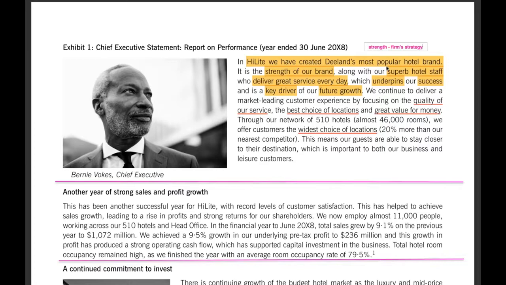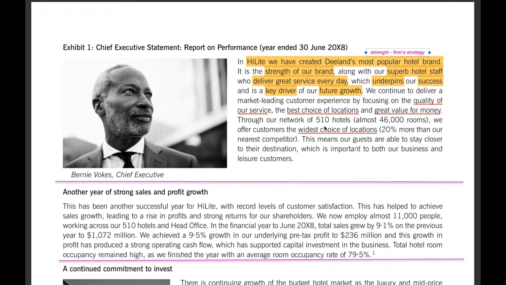And what else do you have here? Your strength, you have firm, this is your firm strategy. So what else that you have that can actually help you?